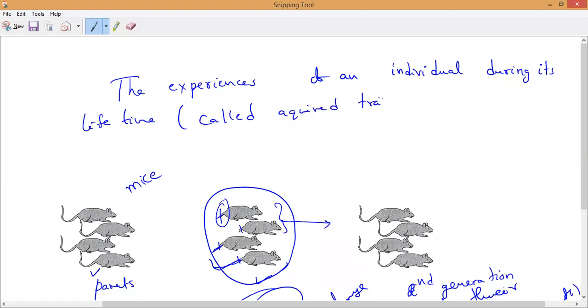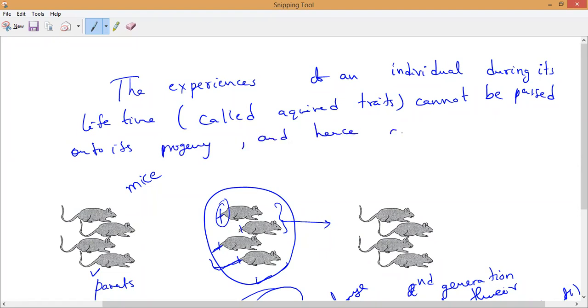Acquired traits. Arvind, have you understood? Karthikeyan? Yes, sir. Lifetime cannot be passed on to its progeny, and hence cannot lead to evolution.